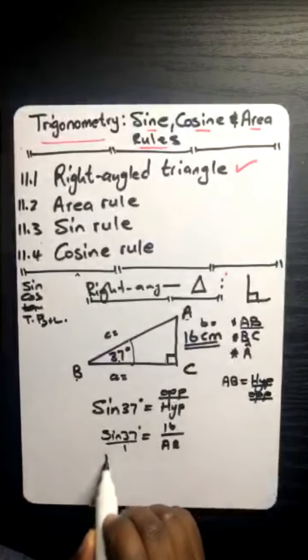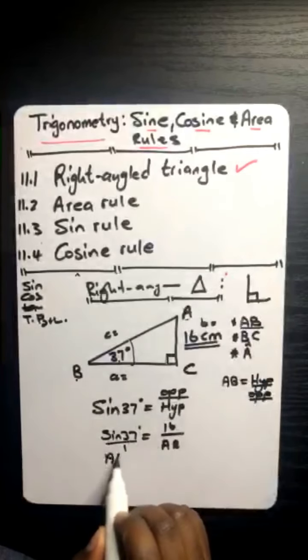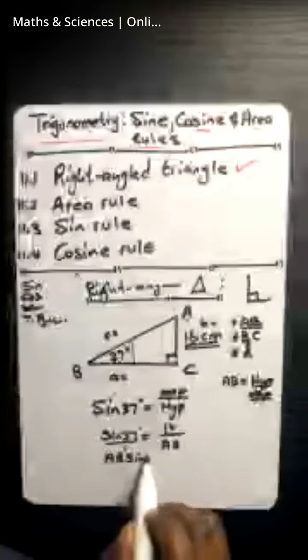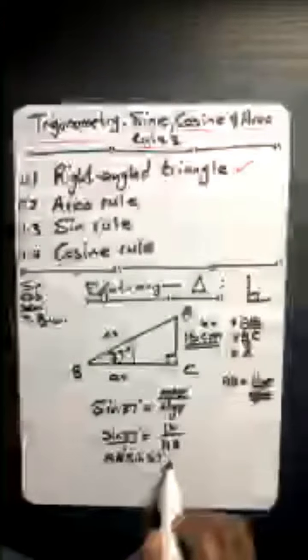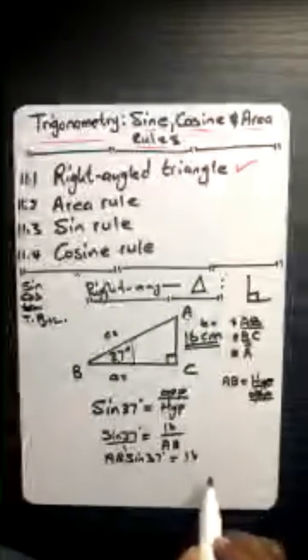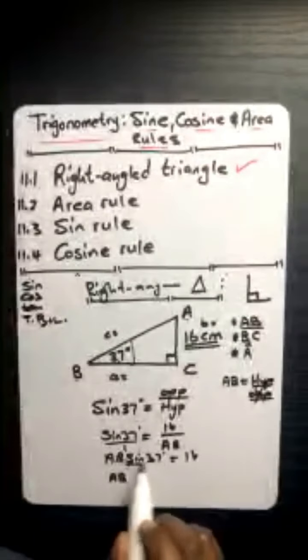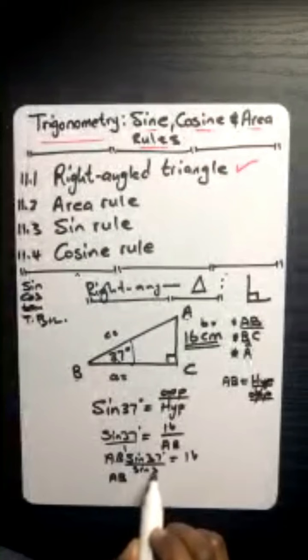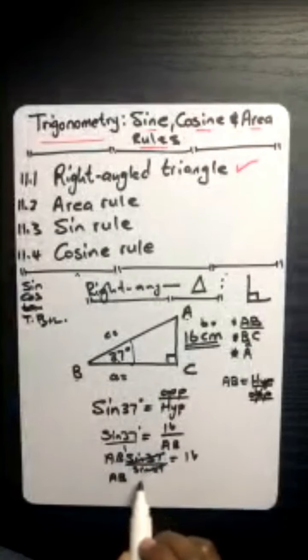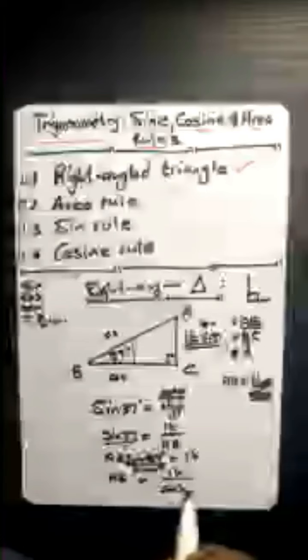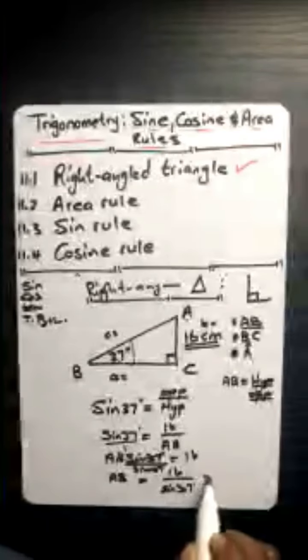That times that, you've got AB sine of the angle being equal to 16. So now, because we're looking for AB, we can just divide by sine 37 so that it cancels. Remember, whatever you do on the left, you also do on the right. So we divide by sine 37 on that side.